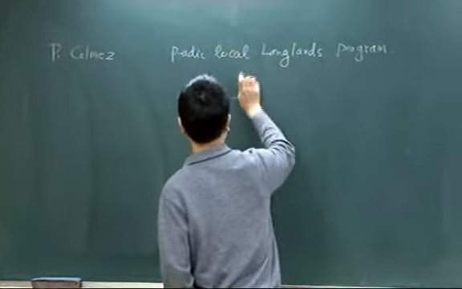By Kisin, who basically proved this Fontaine-Mazur conjecture. This is a big conjecture, and then from this Fontaine-Mazur conjecture, you also have the Serre conjecture.